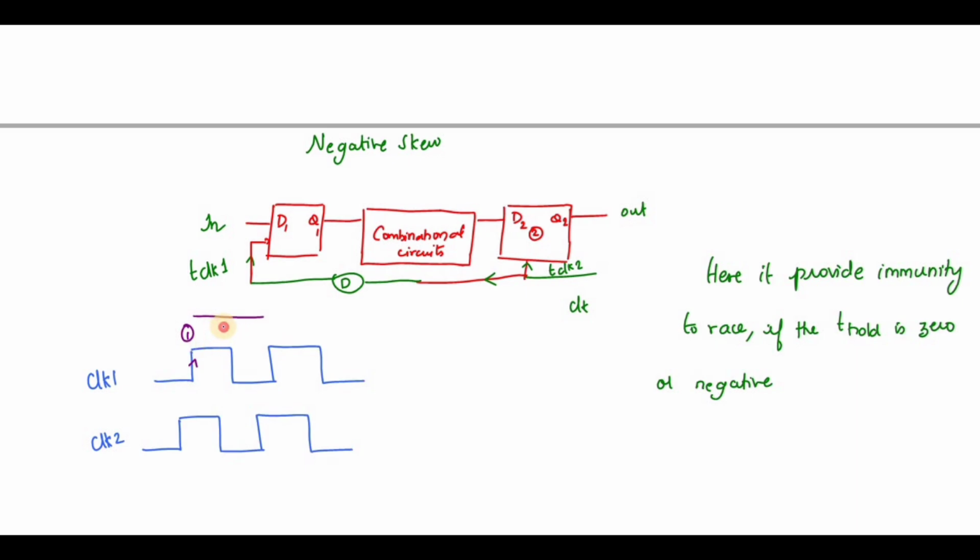This is T clock. If this is T clock, what will this one be? This is nothing but del, right? This is nothing but my del. So from here to here, I can write it as one.